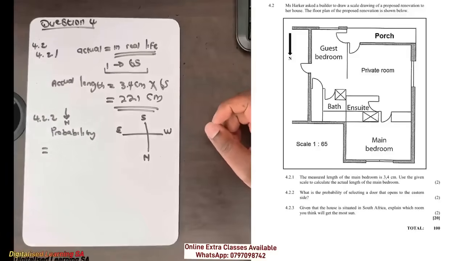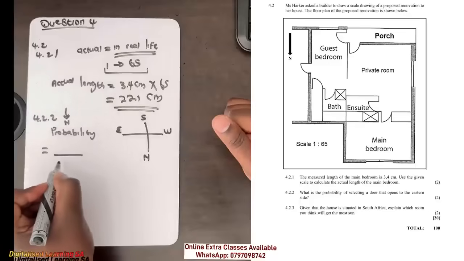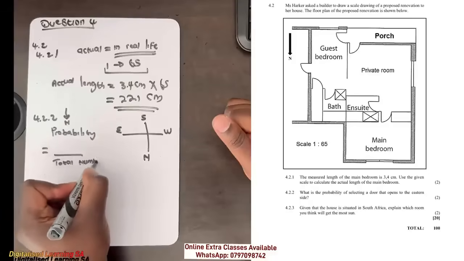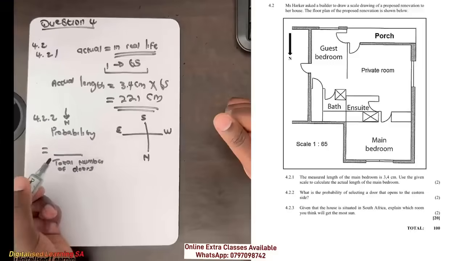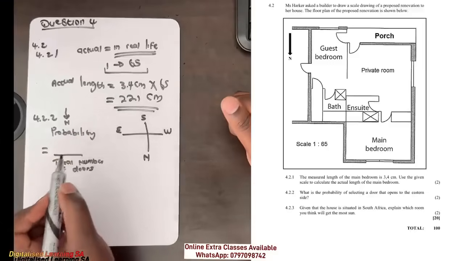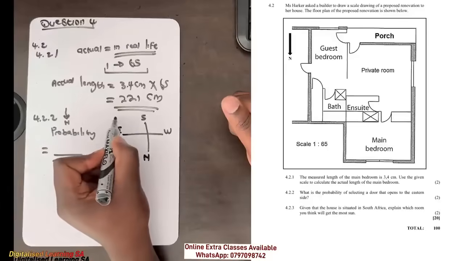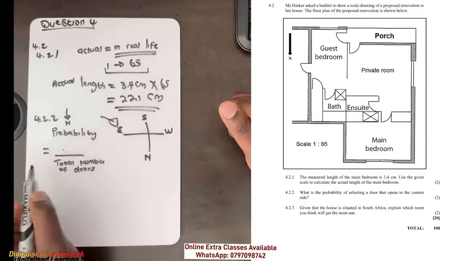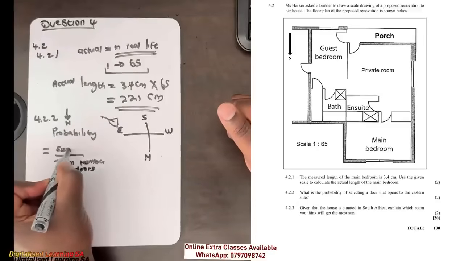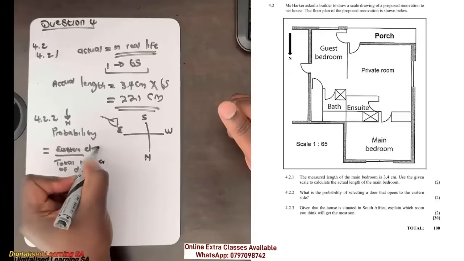Now we need to calculate our probability. The question says: what is the probability of selecting a door that opens to the eastern side? First we know that we need to divide by the total number of doors. The doors that open to the eastern side are shown like this on the map. We need to count these doors, the eastern doors.